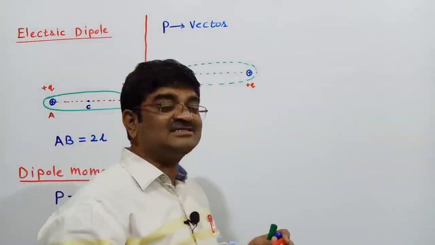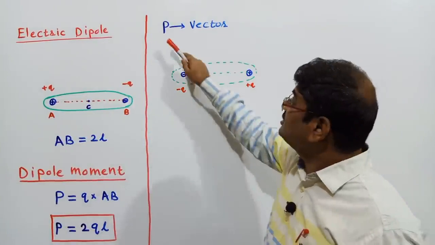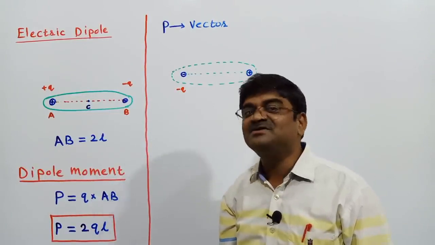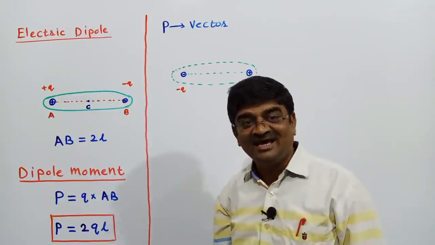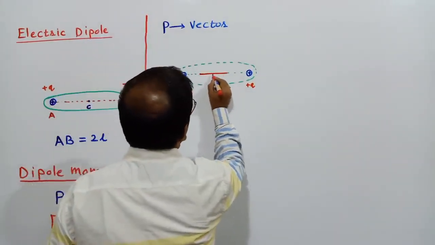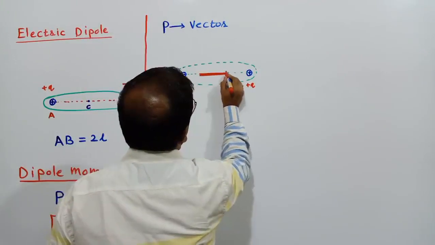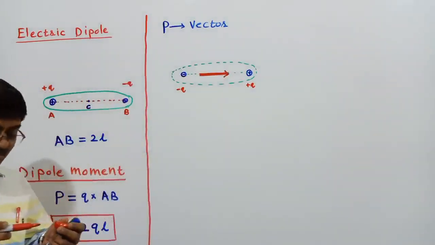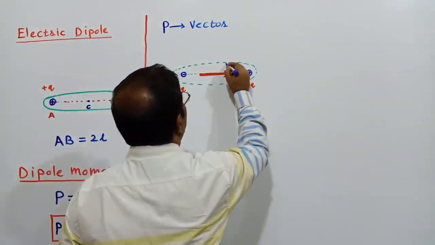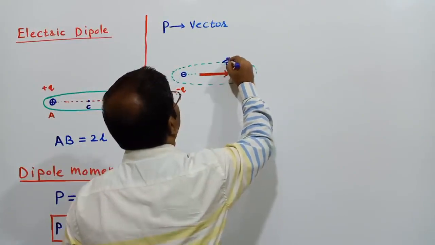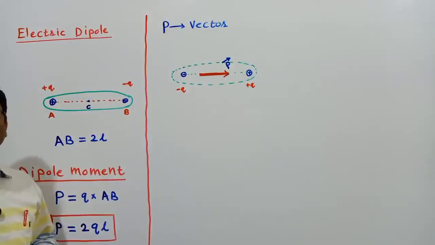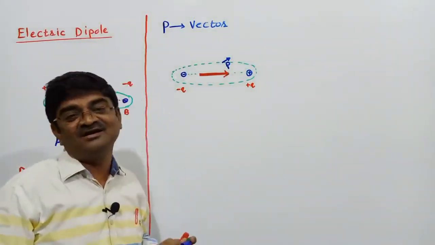My point of discussion is, as I said, the dipole moment is a vector, and the direction of this dipole moment as a vector is from the negative charge of the dipole to the positive charge of the dipole. So to be remembered, the dipole moment is always directed from the negative charge of the dipole to the positive charge of the dipole.